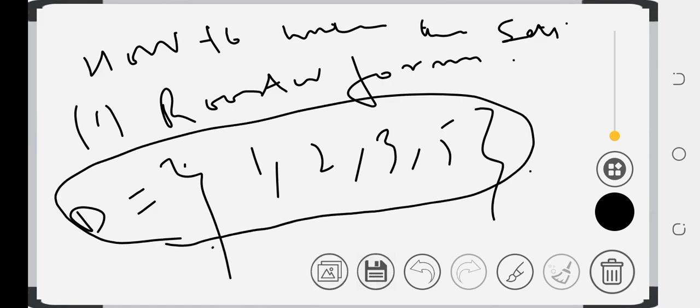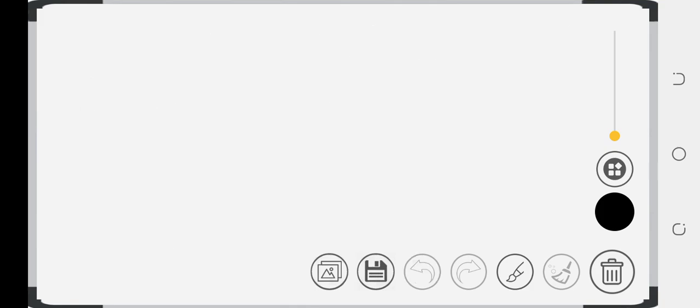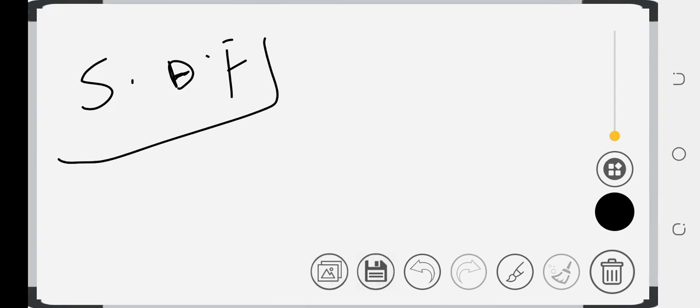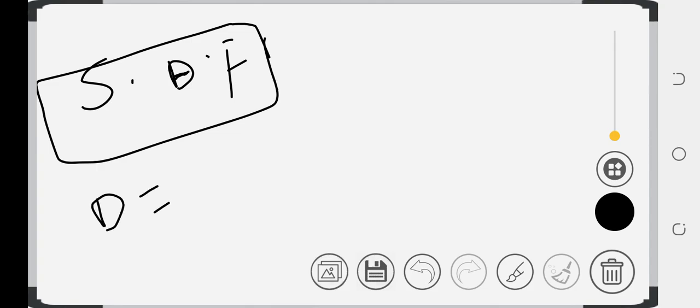The second one is set builder form, SBF in short. Set builder form means we write in this way. Suppose I have the set D equal to {1, 2, 3, 4}.